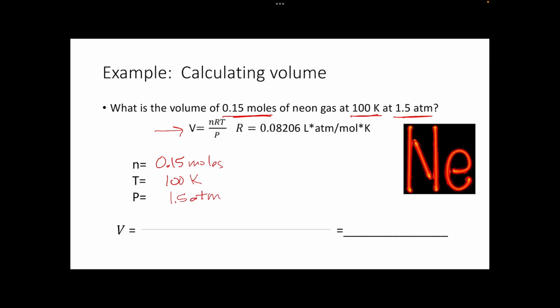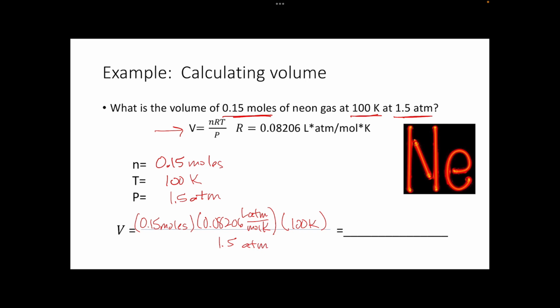If we plug this in, we know our n is 0.15 moles times R, which is 0.08206 liters atmosphere per mole Kelvin. T is 100 K. And lastly, our pressure is 1.5 atmospheres.